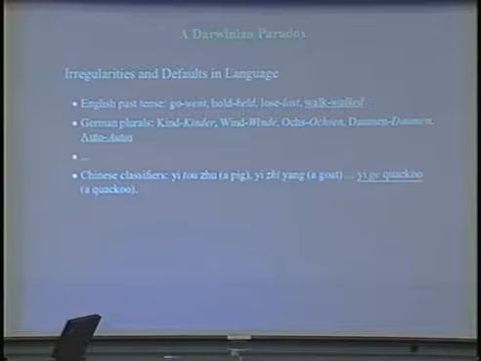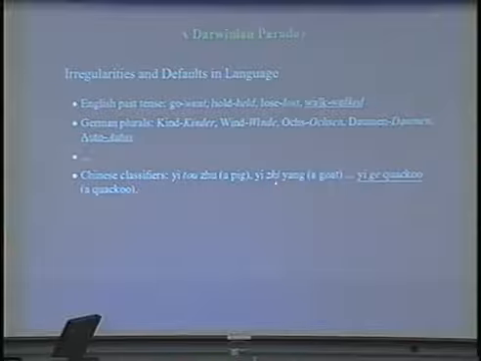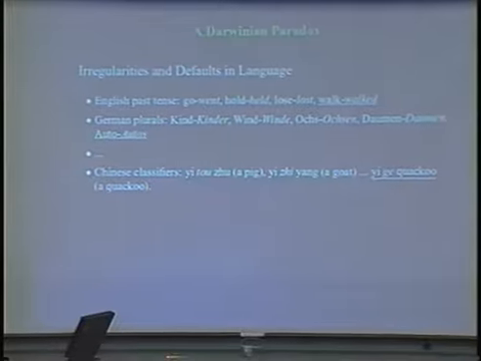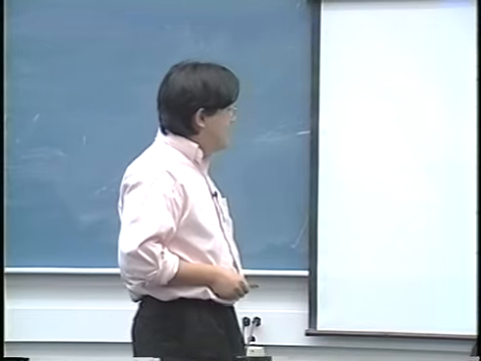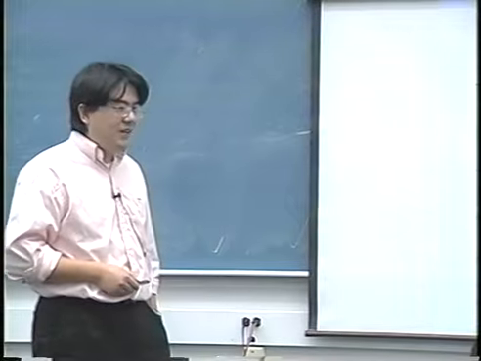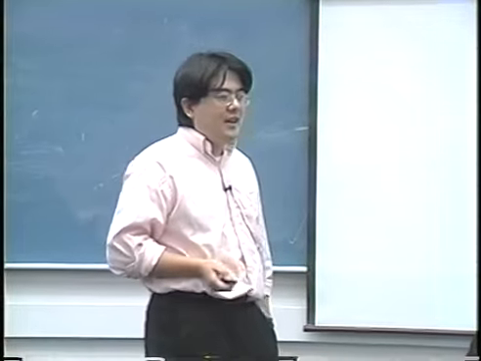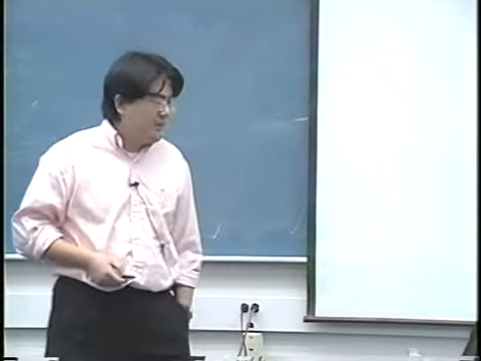So you say a pig, you use a classifier. This is a 1, this is a pig. This is a classifier toad. And this is a goat, which is a different one, but there's also a default, which is ge. That shows up when you give a Chinese speaker a novel word. Kwaku is the first word my son ever produced, derived from truck. And if you give it to a Chinese speaker, they use ge as a default.